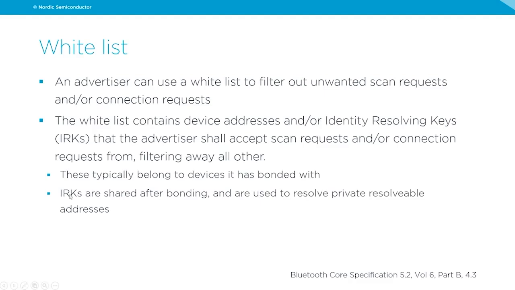But if you use an IRK and generate a resolvable private address periodically, like every 15 minutes, people wouldn't be able to track you because if they don't have the IRK, they cannot resolve it, and it just appears as a random number. But a bonded device will be able to detect you by using the IRK to resolve the address.